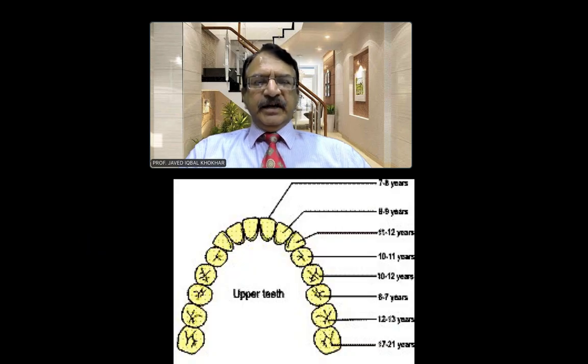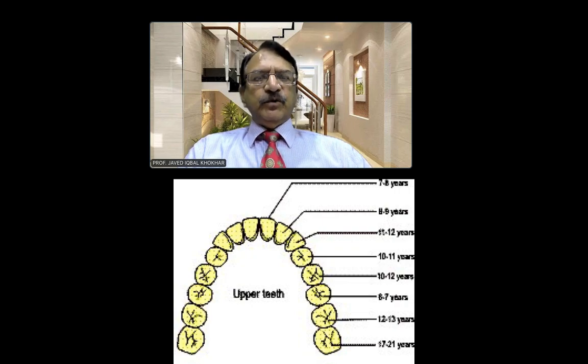And this is the diagram which is showing in the center, that is the central incisor, which appears in the 7 to 8 years, whereas the first tooth which comes is the first molar by the age of 6 to 7 years.